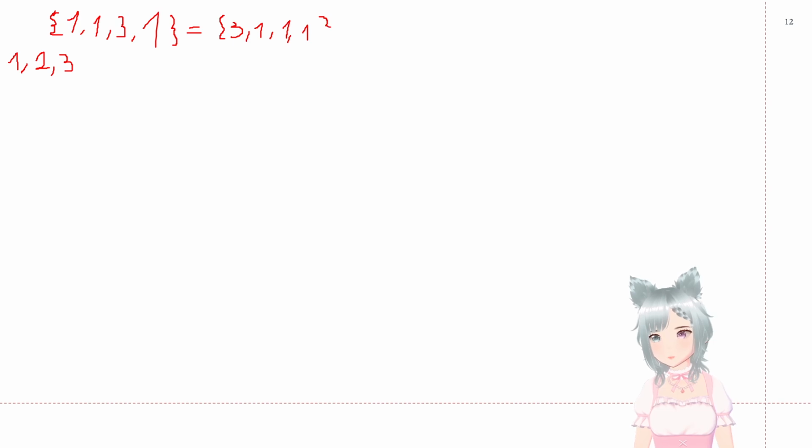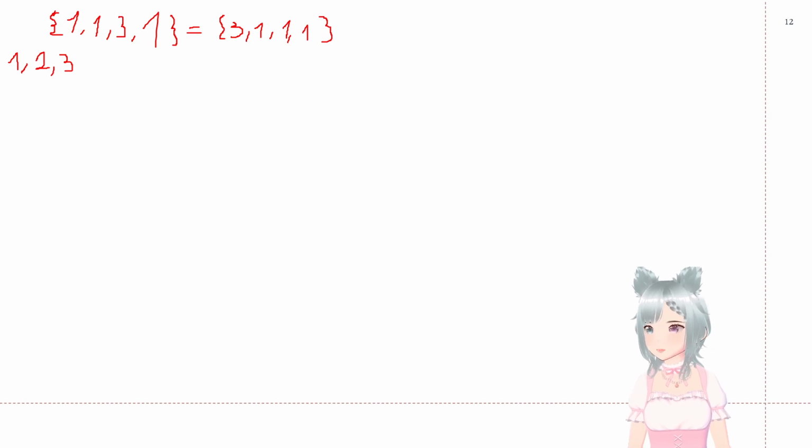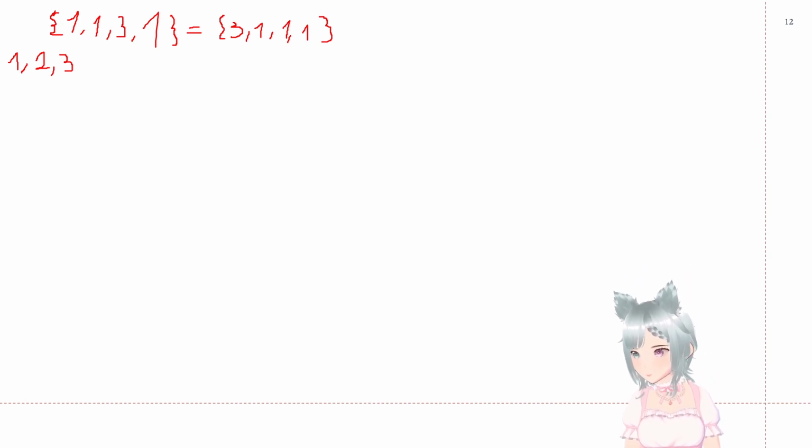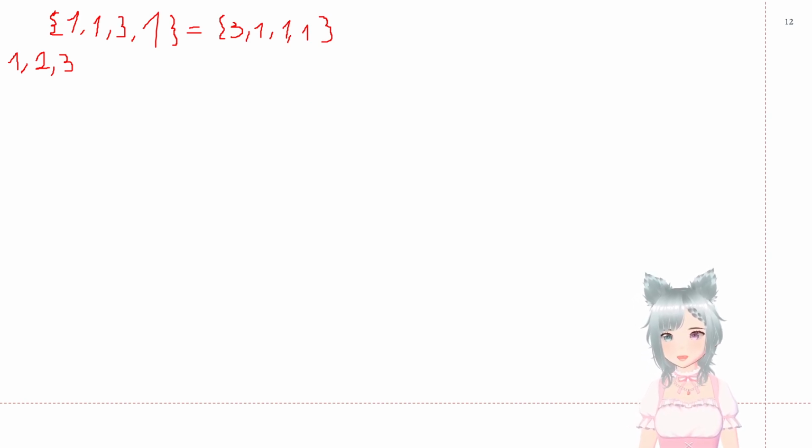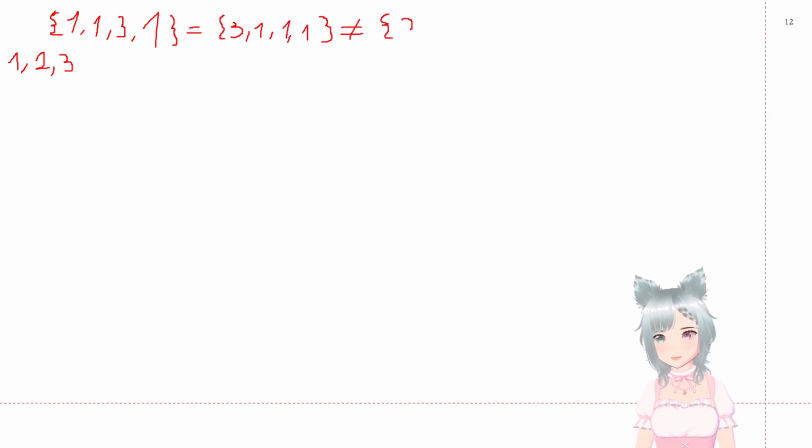So these two sets are the same because they each have 3 1s and 1 3, and the order in which they appear doesn't matter. But this would be a different set than, for example, having a 2, a 1, a 1, and a 3.